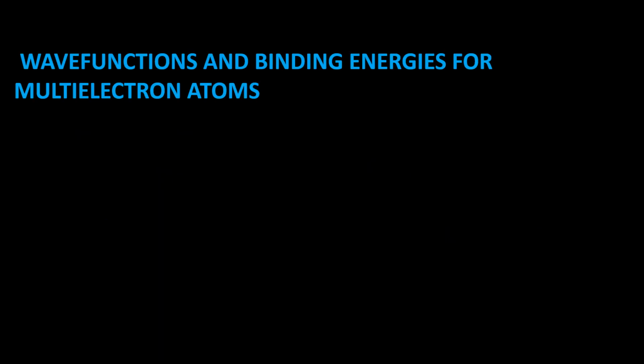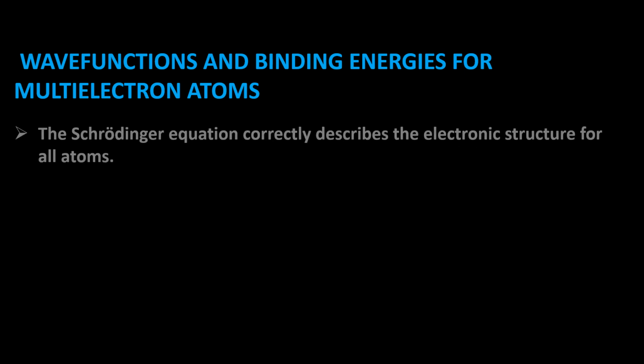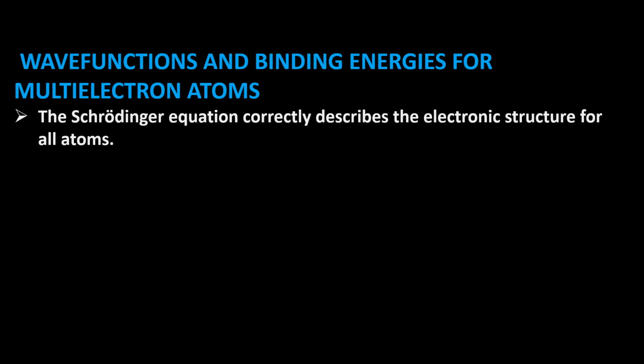The wave function and binding energy for multi-electron atoms. There are some differences and some similarities. The first thing is that the Schrödinger wave equation correctly describes the electronic structure for all atoms.